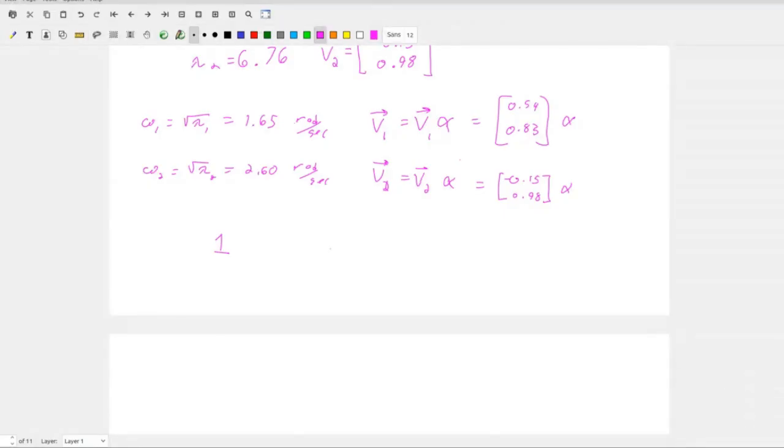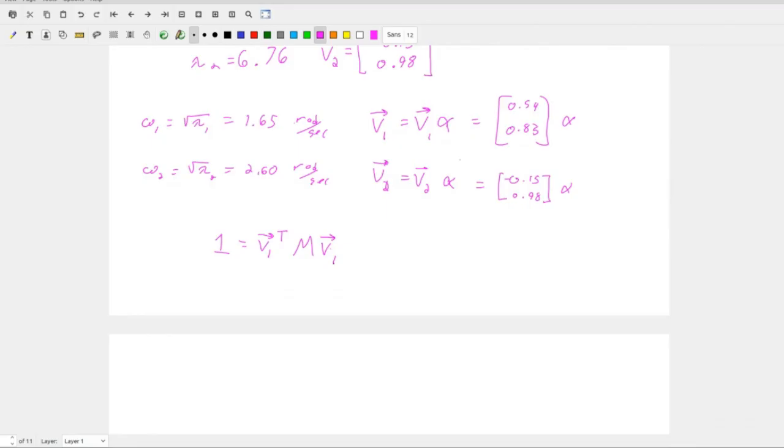So we want everything to equal 1, but it has to be mass normalized. So 1 is equal to our v1 vector transpose, if you deal with transposes on vectors, m v vector 1. That makes sense? So again, you can see how we're mass normalizing, just like we did before.